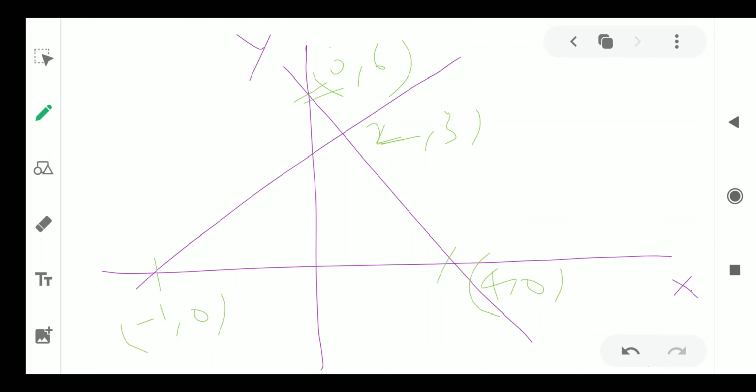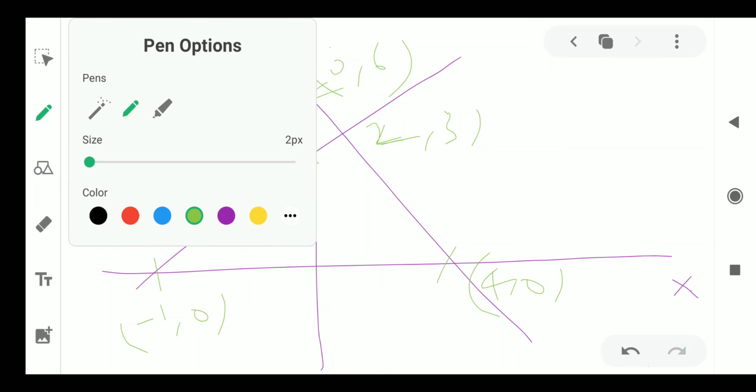So the first line cuts the x-axis at minus 1 comma 0, and the y-axis at 0 comma 1. The second line cuts the y-axis at 0 comma 6 and the x-axis at 4 comma 0.